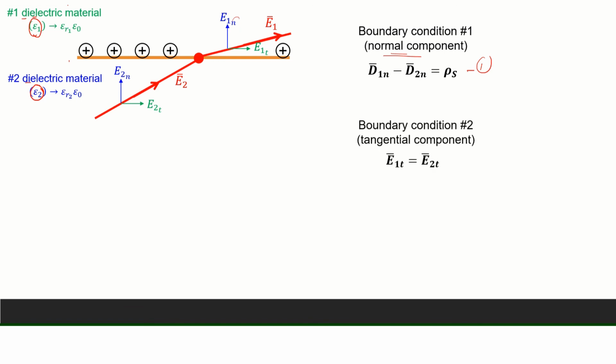For boundary condition number 2, on the tangential component, the electric intensity at the tangential is always equal to the electric intensity at the tangential in the second medium. This equation is the same for dielectric and for conductor as well.